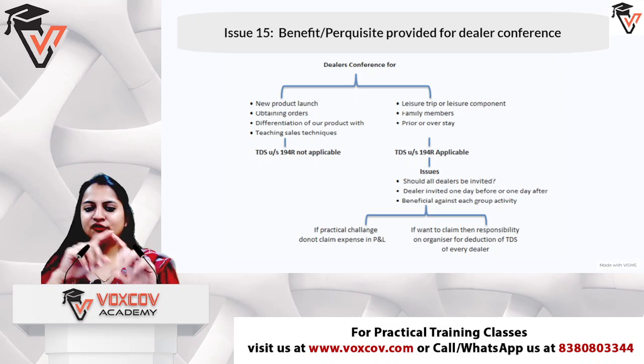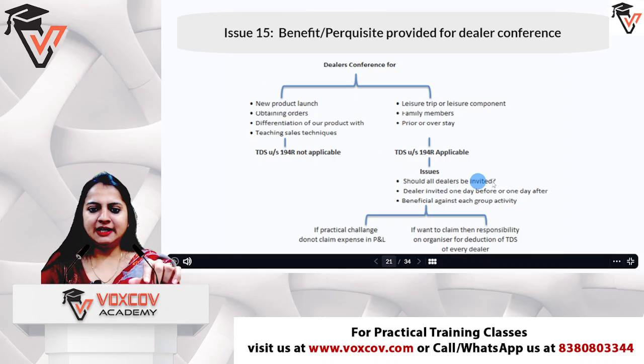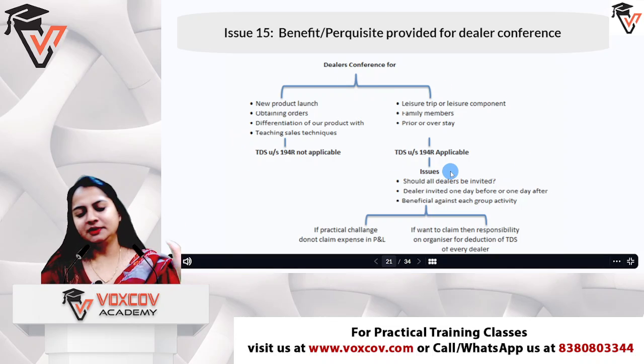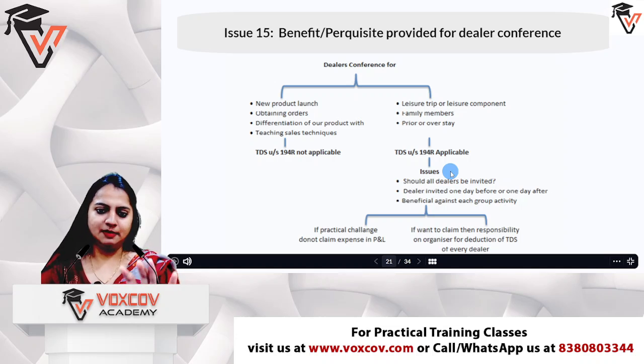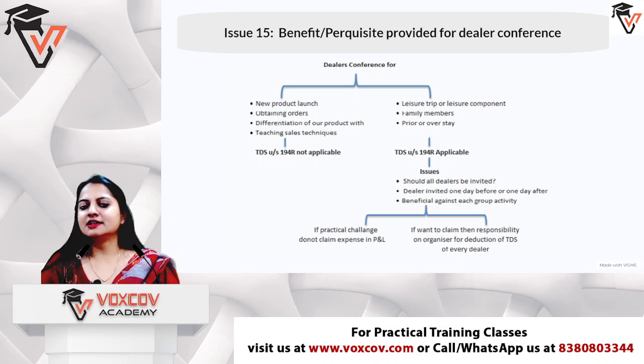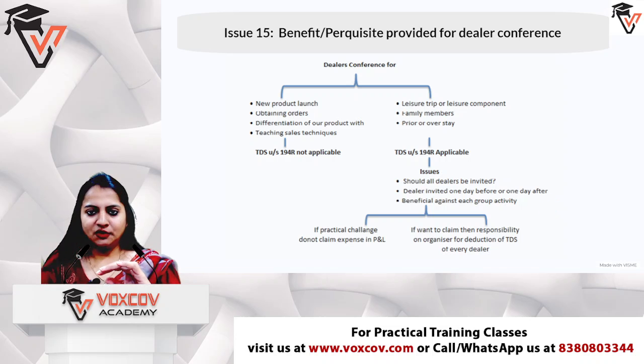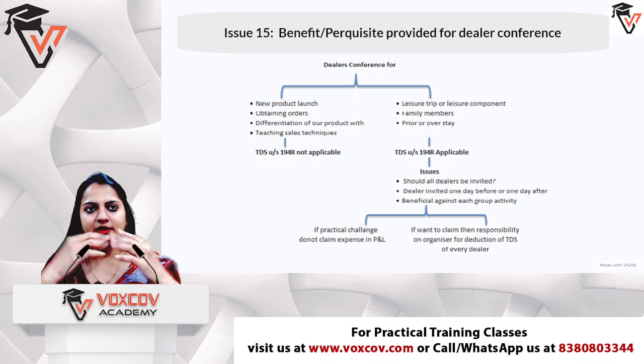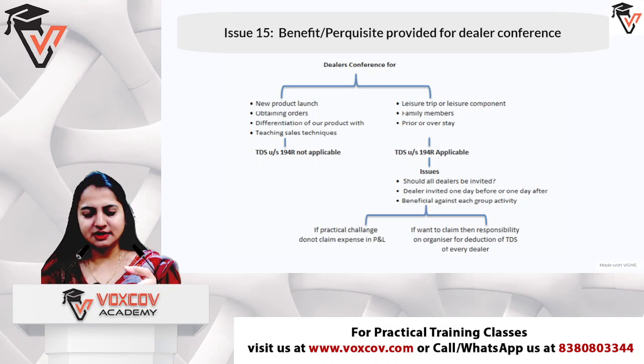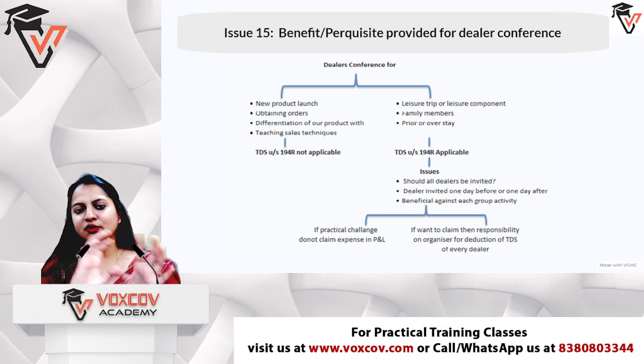Now, in the first circular, it was only informed that if there is a leisure component, TDS is applicable. There were some practical challenges being faced. If these conferences have a leisure component and the family members are being invited, then should all the dealers be invited, or can it be that we are calling only the important or the regional persons, whatever the case-to-case scenario of the company is, or the dealer is invited only one day before and one day after.